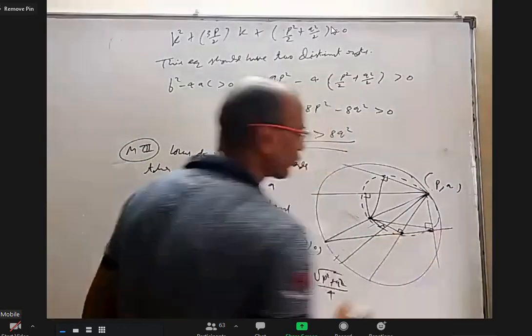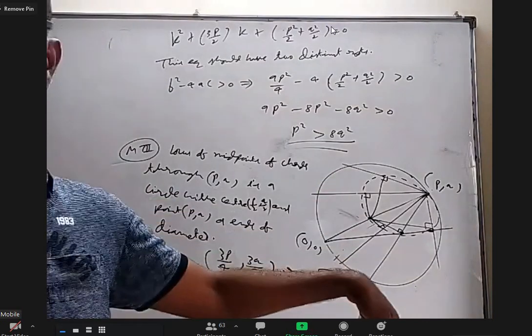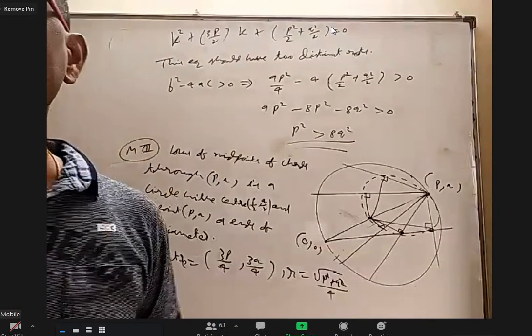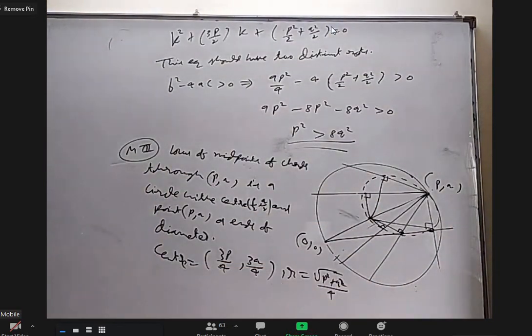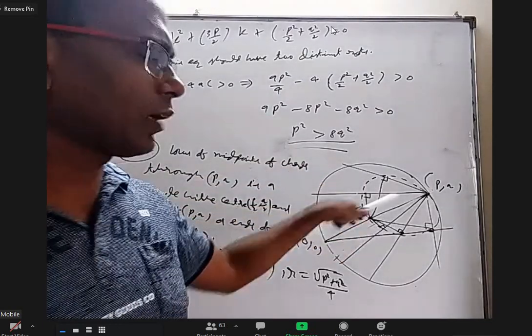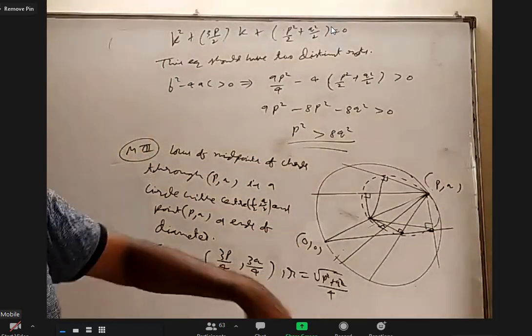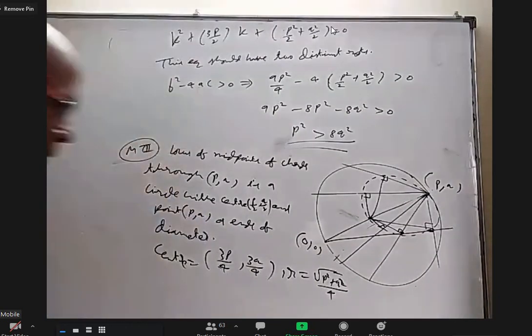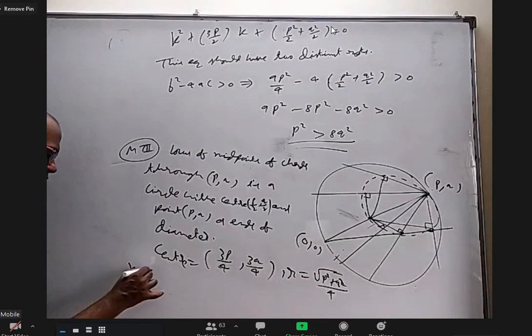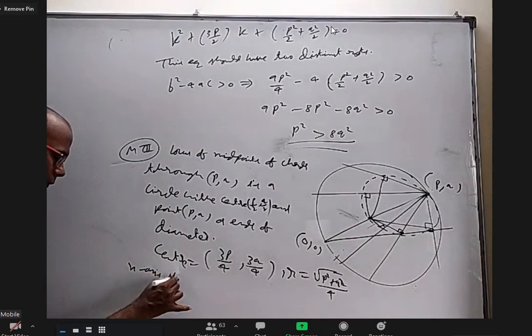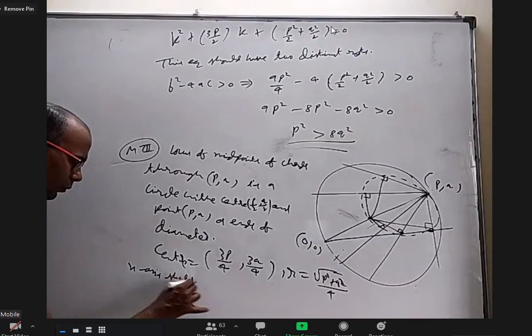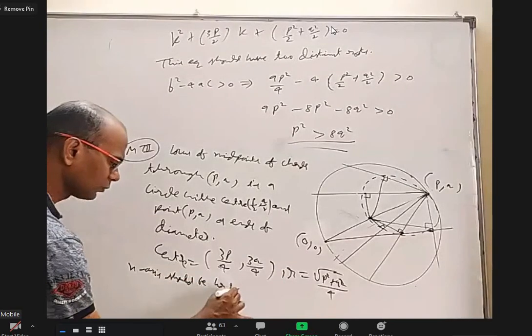X-axis should intersect twice because x-axis should pass through two of the midpoints. So for this new circle, x-axis should be a chord of this circle.